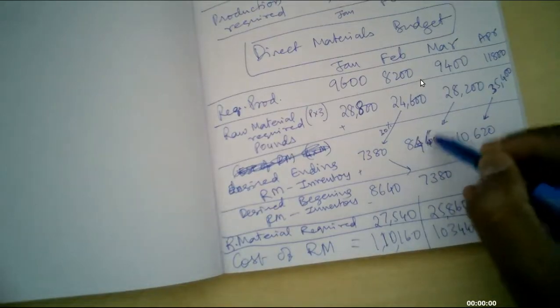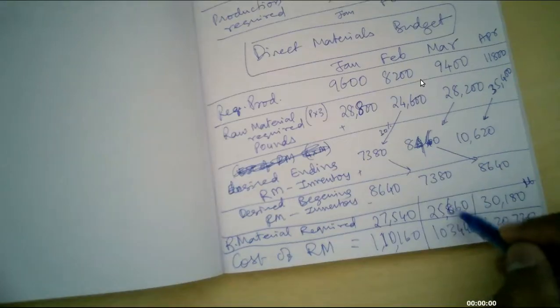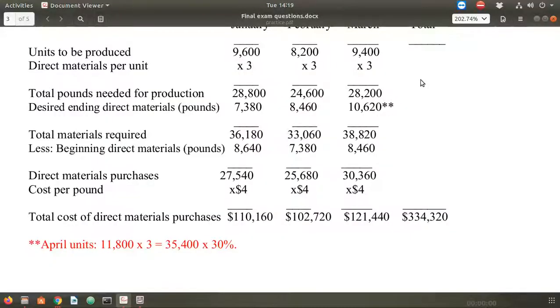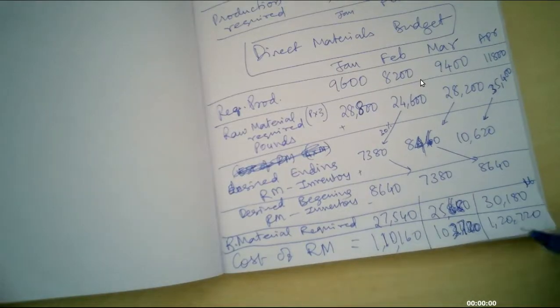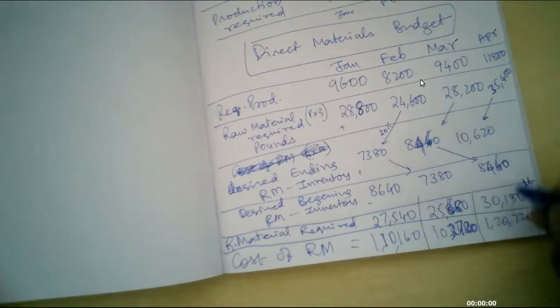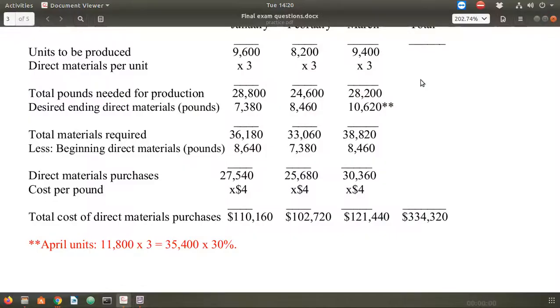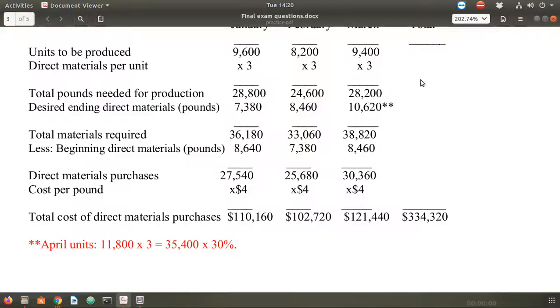This is 8460, and because of that, this will be 25680, and this will be slightly different. Other than that, this also needs some small change, because here also it will be 8460. The same number will come here. So if you once again cross-check all the calculations, then it should be fine.